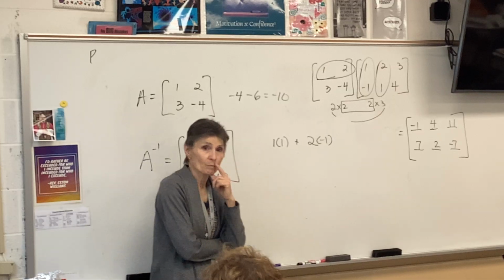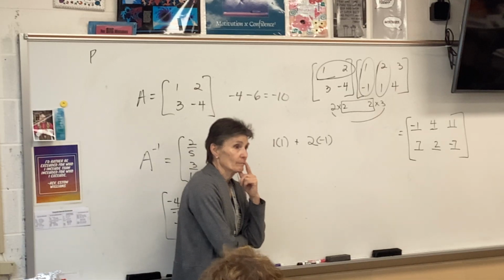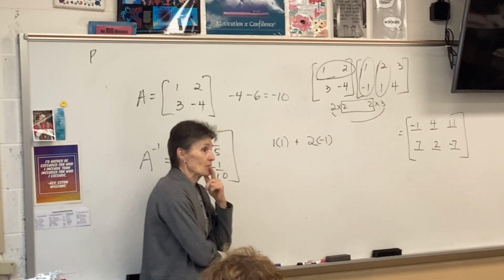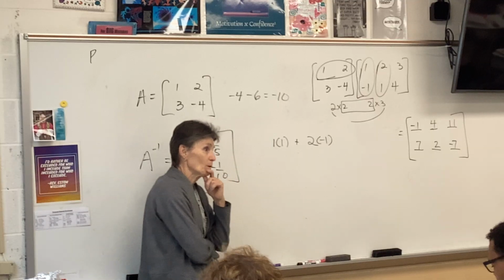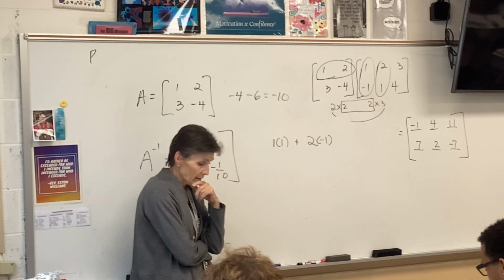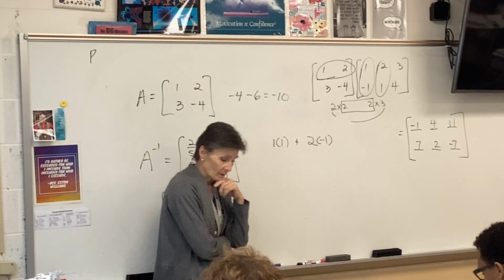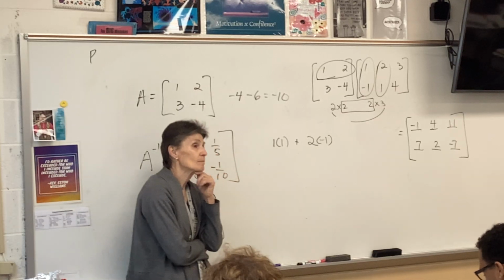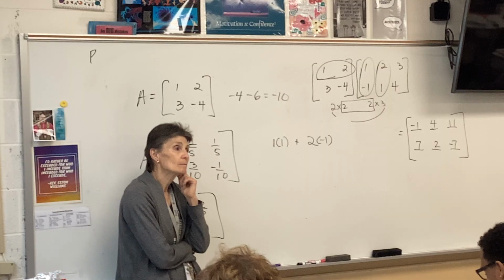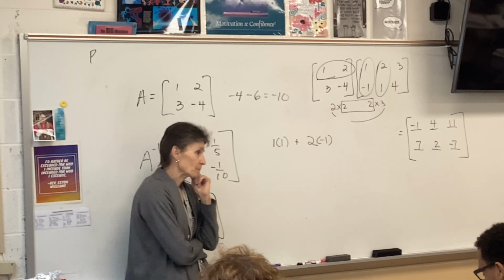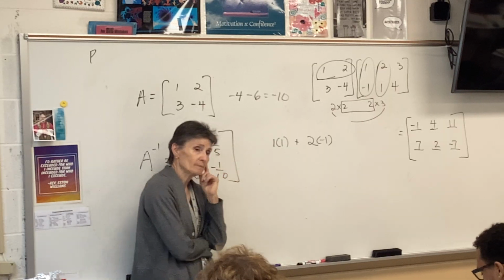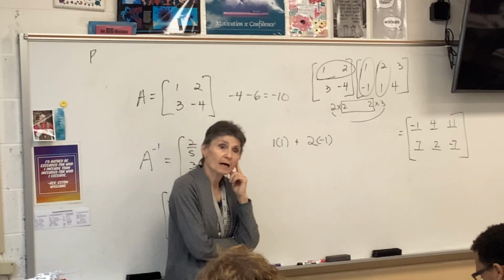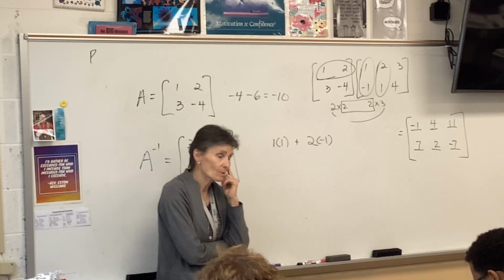Class says he matches. What about the rest of you? You good? So everybody feels comfortable with multiplication. All right, problem D. Addition. A plus B. Can't do it. What's the rule for addition? They've got to be the same dimensions, that's right.